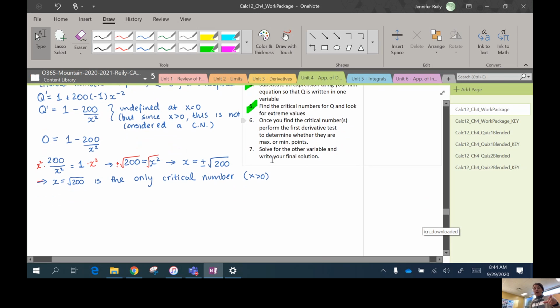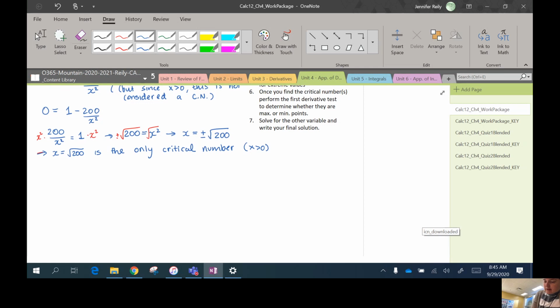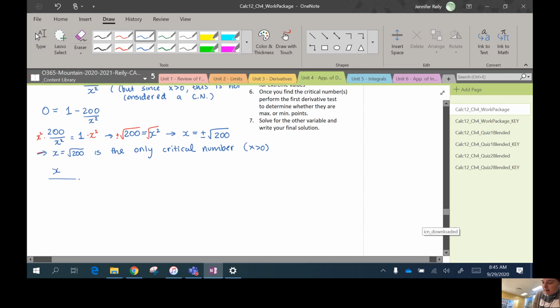So we're going to make a little table and test whether the derivative is positive or negative in the region surrounding root 200. So I'm making a little table here, Q prime and x. I'm going to look at x values less than root 200 and x values greater than root 200, since I know that at x equals root 200, Q prime is 0.